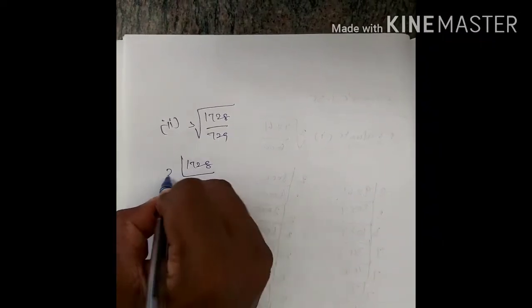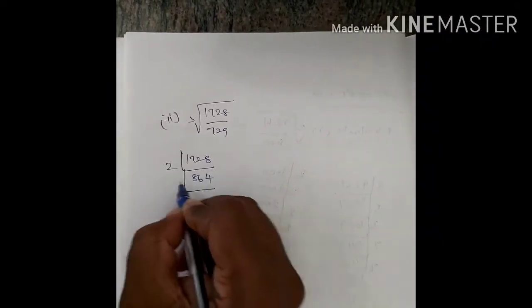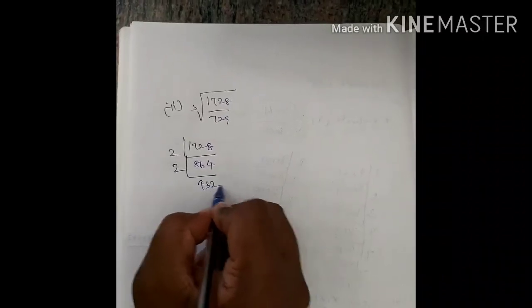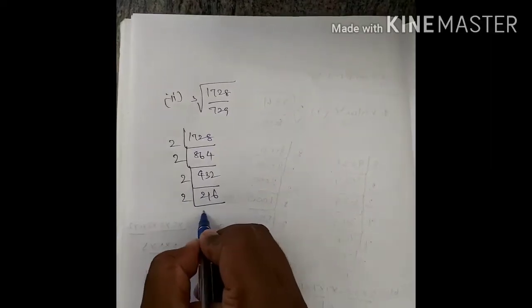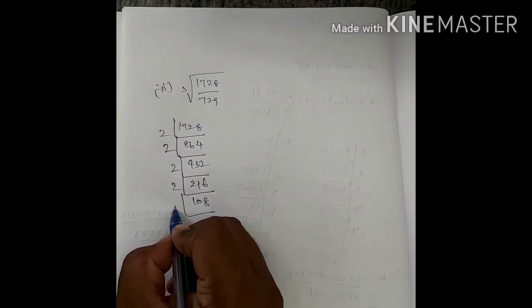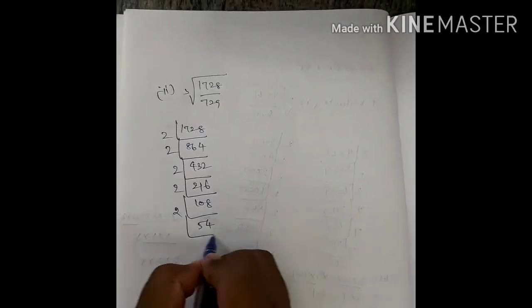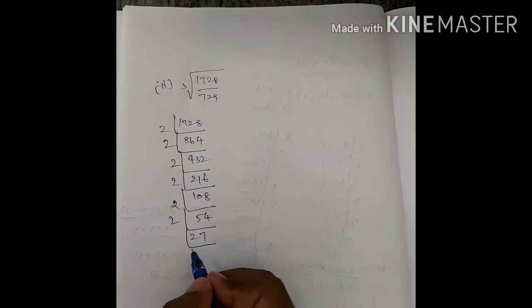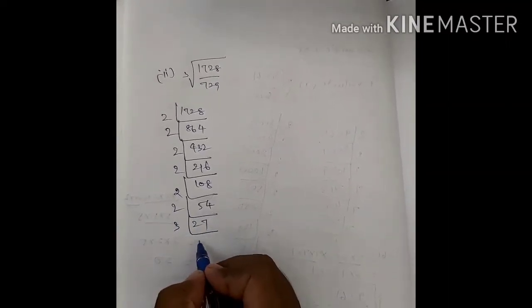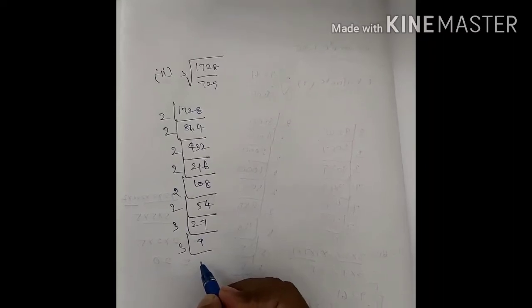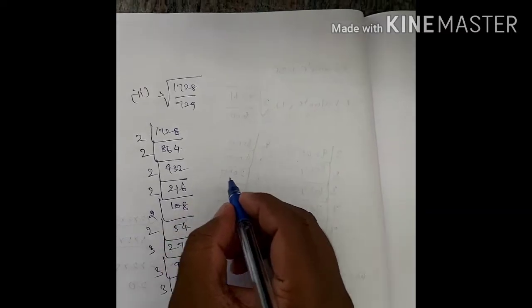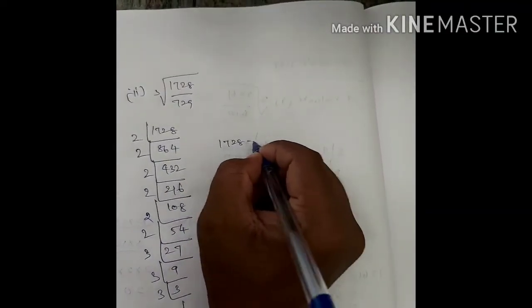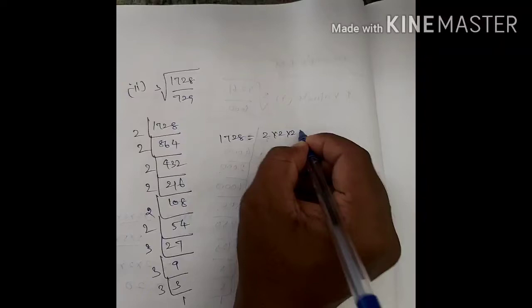Next sum, evaluate the cube root of 1728 by 729, the same manner, prime factorization method. 2 first divided gives 864, again 2 gives 432, again 216, again 108, again 54, again 27. 27 is 3s coming, so 9 3s are 27, 3 3s are 9, 1 3s are 1.